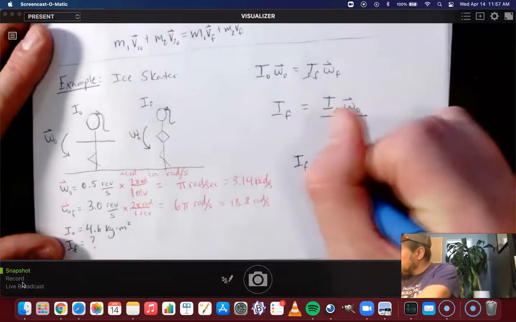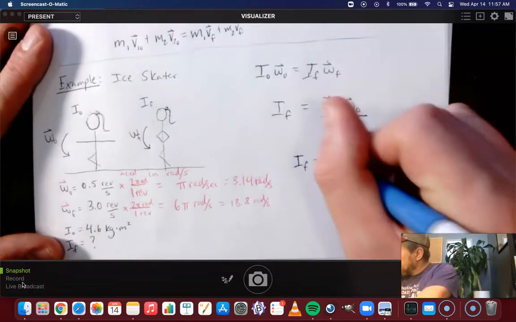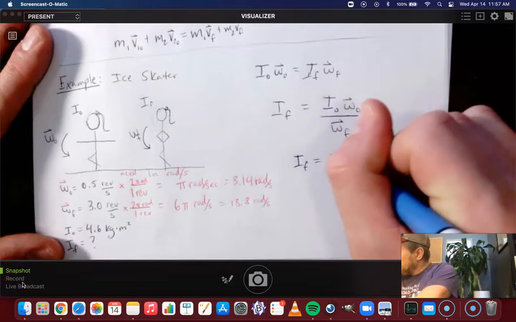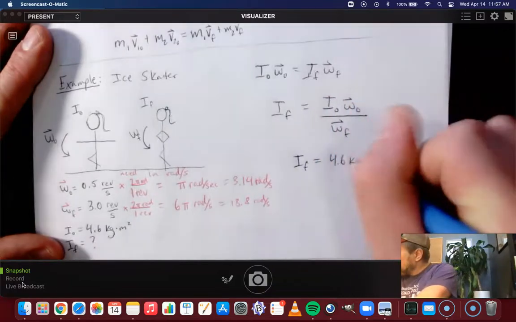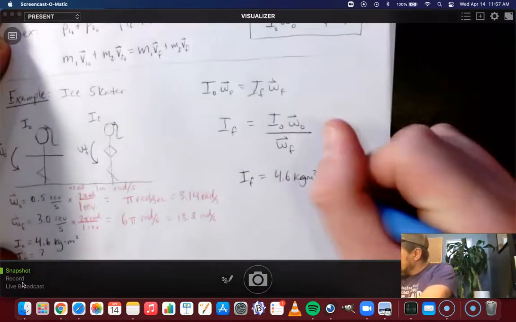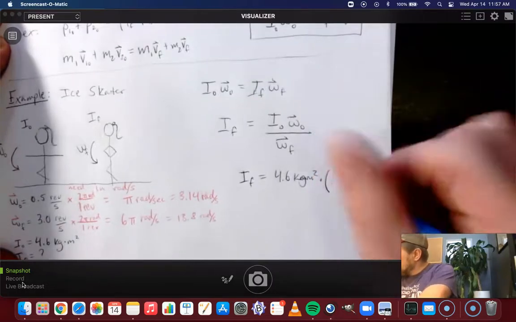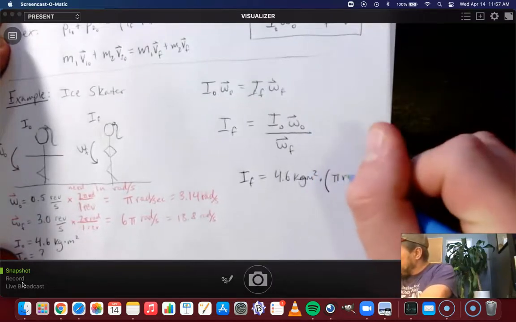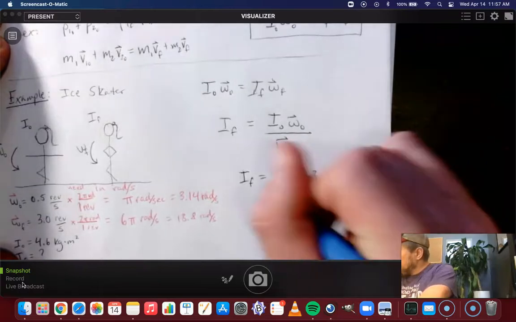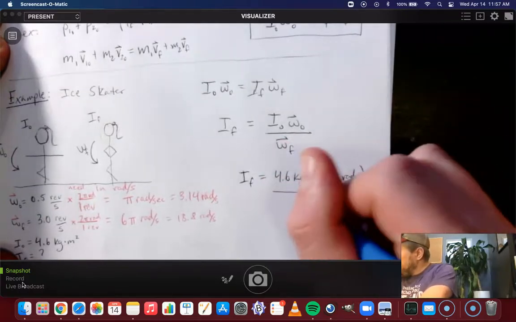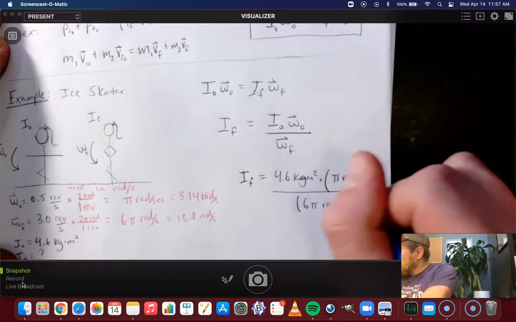So the final moment of inertia is the initial 4.6 kilograms meters squared, multiplied by the initial, which is just pi radians per second, divided by the final, which is 6 pi radians per second.